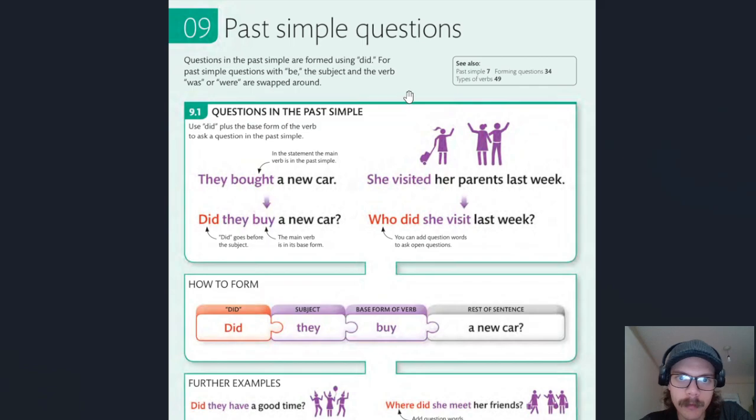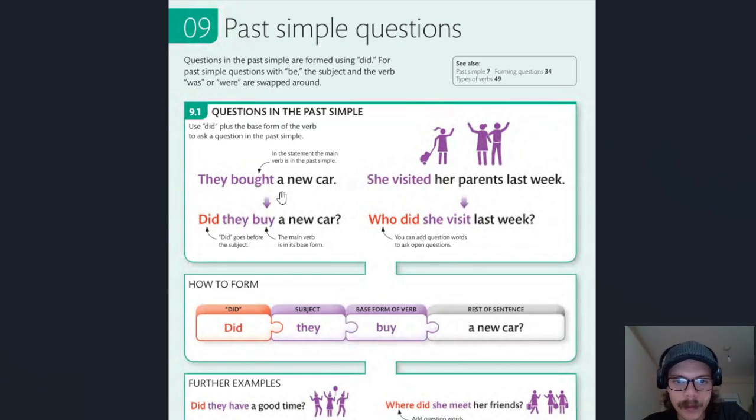Okay, now for forming questions, you're going to have a very similar situation. Again, you have the two possibilities. When you don't have be and when you do have be. Okay, first, we're going to focus when you don't have be. I'm going to read the example and then I'm going to explain it.